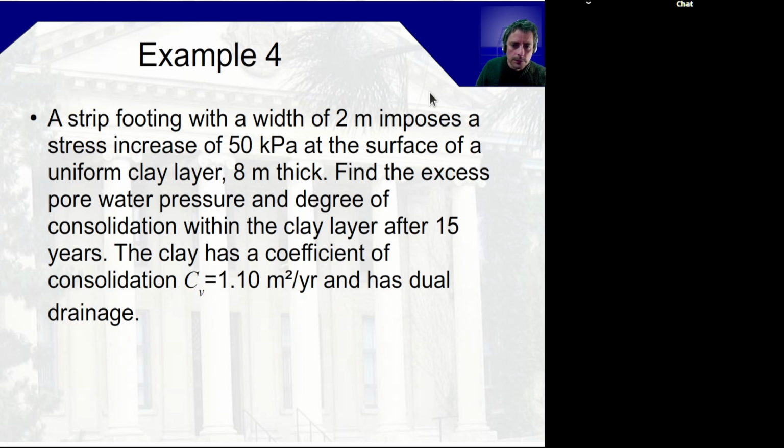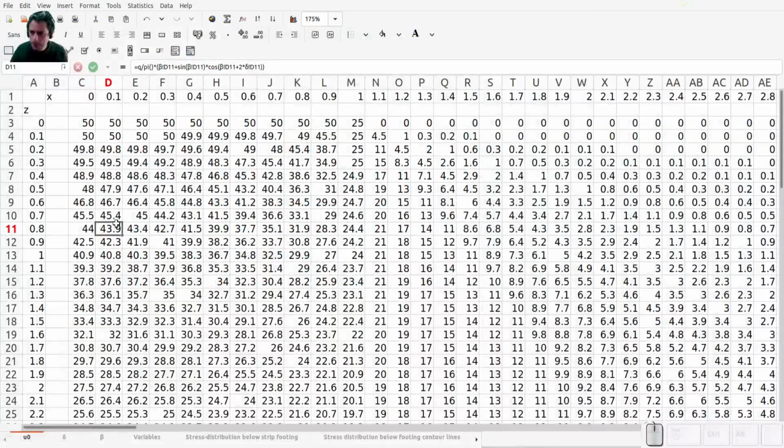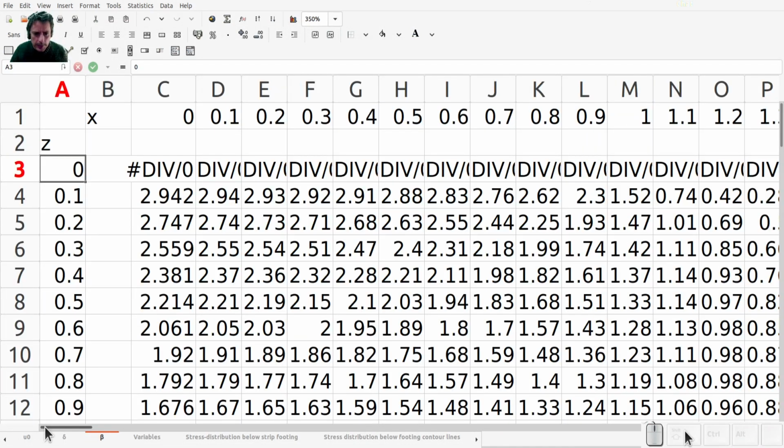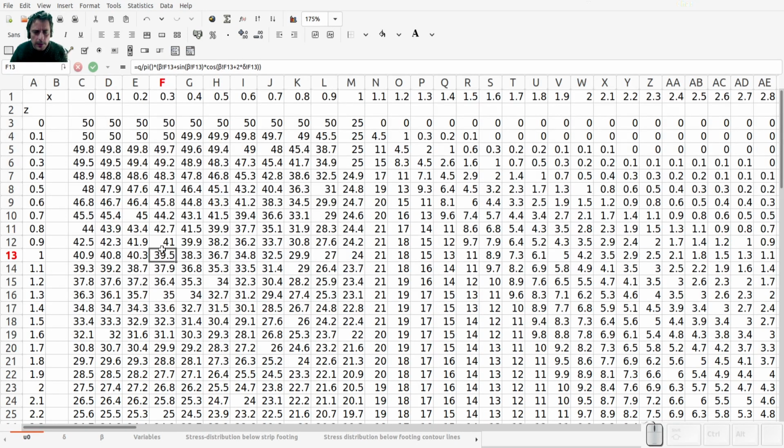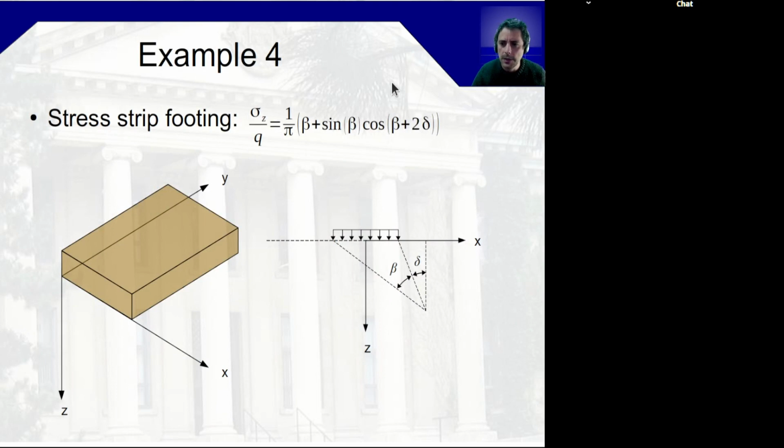Okay, so first have a look at the data that we had generated. Last time, if you will recall, we had calculated delta and beta, correct, and generated the stresses using Boussinesq equations.